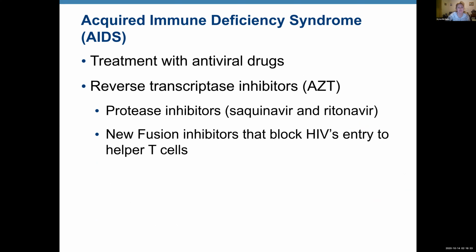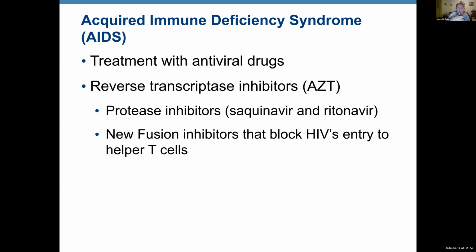Treatment is with antiviral drugs and reverse transcriptase inhibitors. We're not going into detail, but because it's a retrovirus, it doesn't have DNA, it has RNA. So first the RNA needs to be transcribed into DNA, and this is what this enzyme inhibitor blocks. So it doesn't allow the RNA to be converted into DNA.